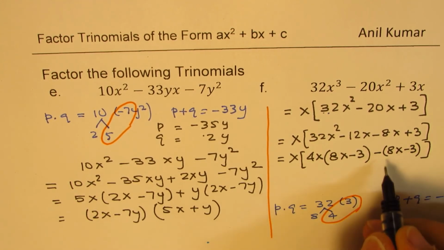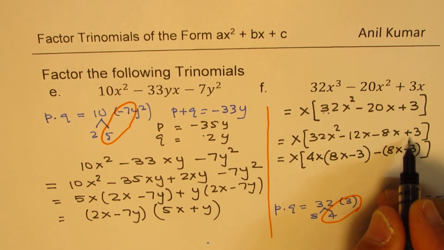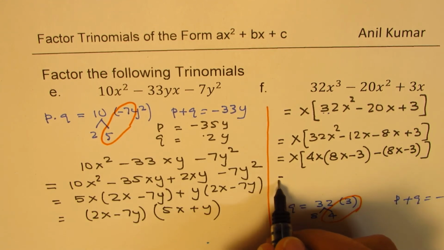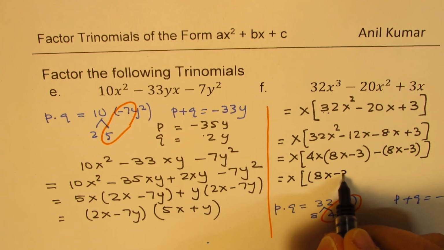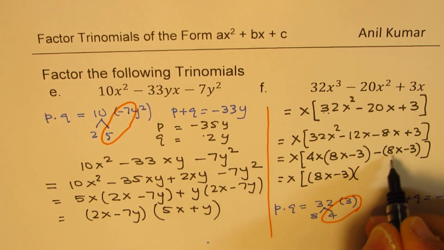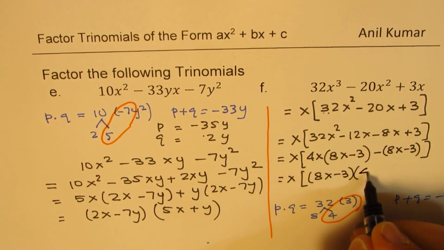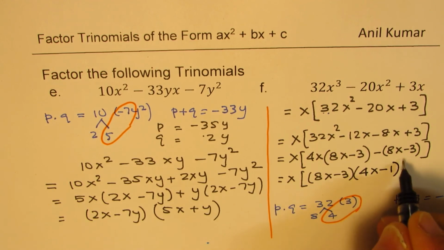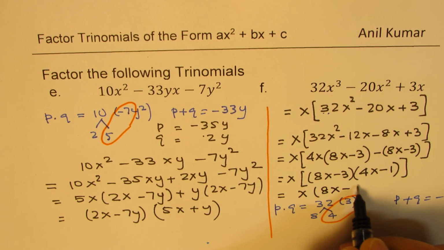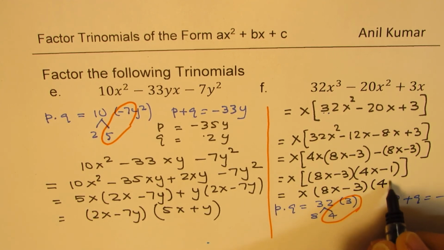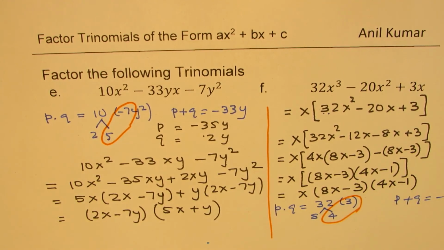Do you see that? So minus 1 common makes this sign minus. Now we get 8x minus 3 as a common factor between these two terms, and 4x minus 1 is left. So that becomes our answer: x times 8x minus 3 times 4x minus 1.